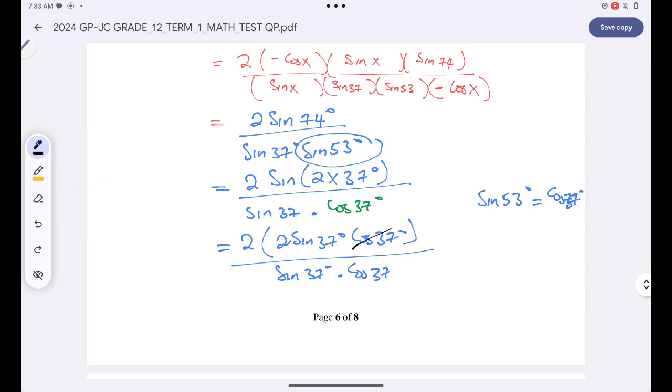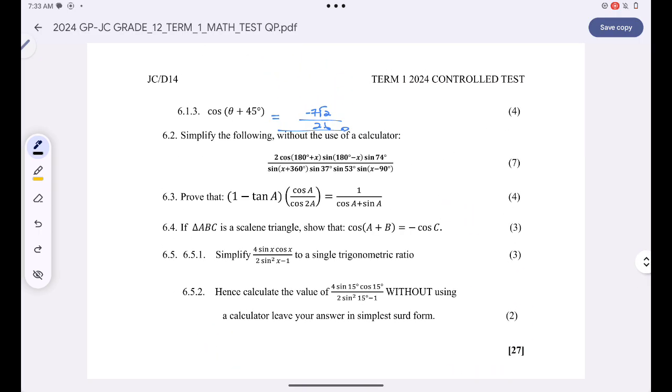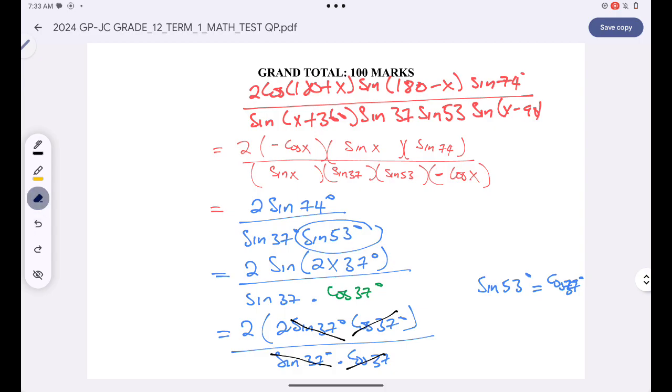You can see that this will go with this one and that will go with that one. So we will be left with 2 times 2, which is just equal to 4. So whenever you simplify this fraction, you must get a 4. Are we together?